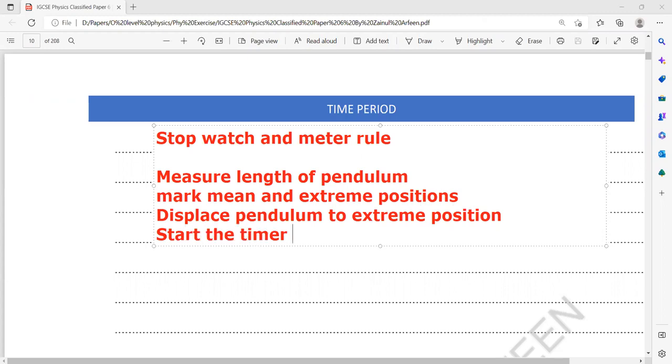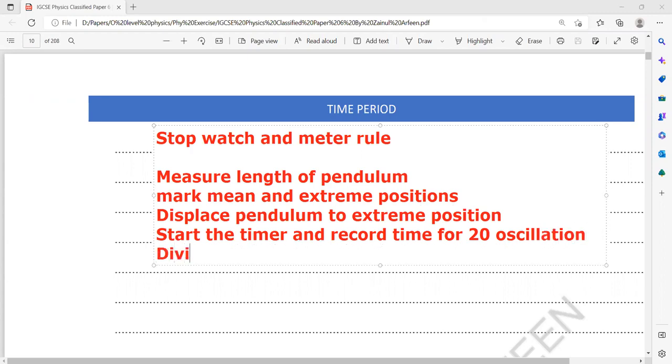or a stopwatch and record the time for 20 oscillations, and divide the time by the number of oscillations.